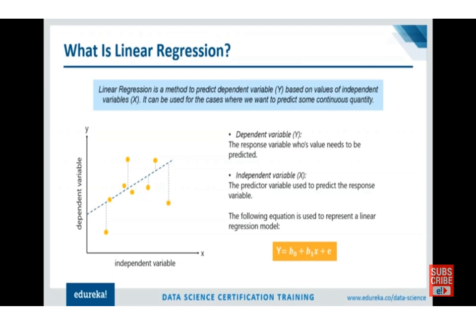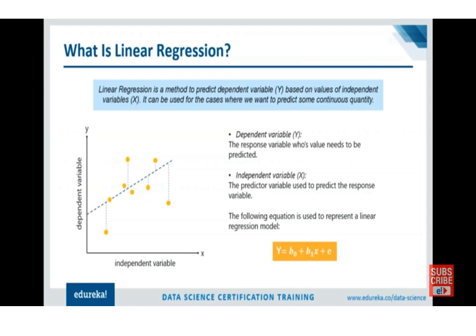So what is an independent variable? The predictor variable used to predict the response variable. We know the value of some variables and we have to predict the value of some variable, which is known as the dependent variable, and the variables whose values we know are known as the independent variables. For example, the equation of a line is y = mx + c.